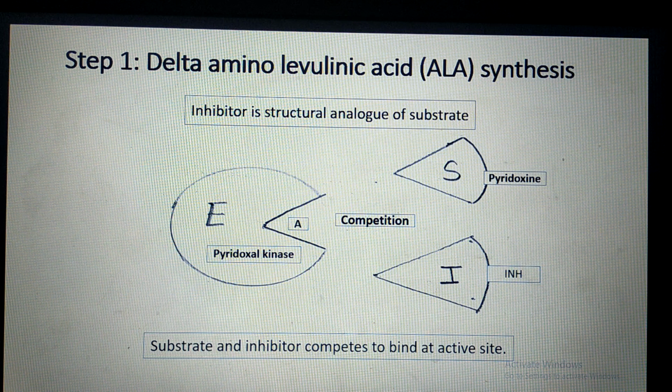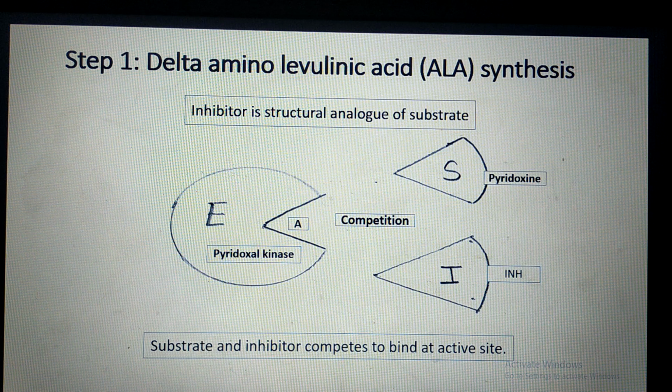But if you remember, competitive inhibition is a reversible type of inhibition. Therefore, if we increase the concentration of pyridoxine above the level of INH, then pyridoxine displaces the INH from the active site and binds at the active site of the enzyme, and pyridoxal phosphate is synthesized.